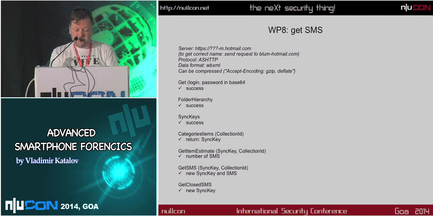Then there are special commands called get SMS to retrieve the next message which is stored in the cloud, and then we need to send the get closed SMS to retrieve the new synchronization key.